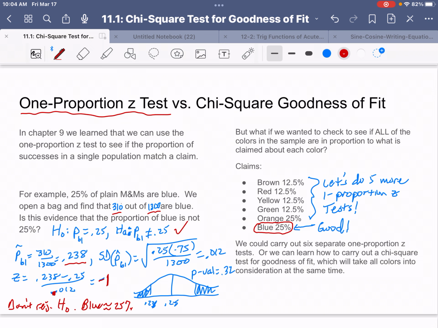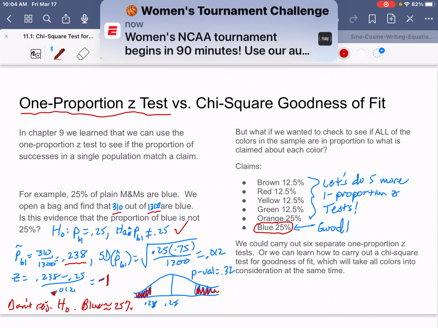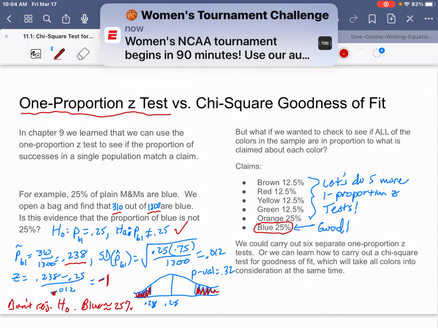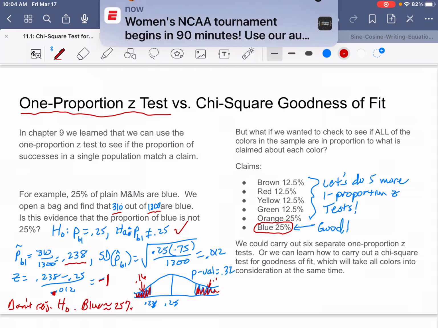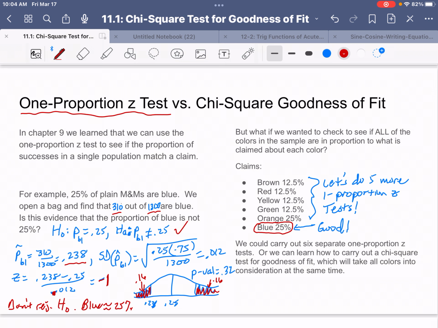That's not very unusual. I used my calculator to run a one proportion z-test, and it told me that the p-value was 0.32. That is, this was 0.16 and this was 0.16. So since that p-value was so large, I said, don't reject the null.